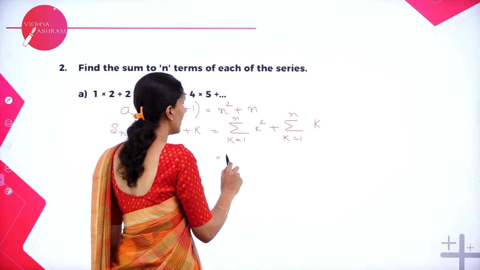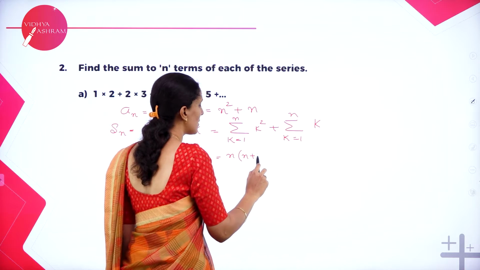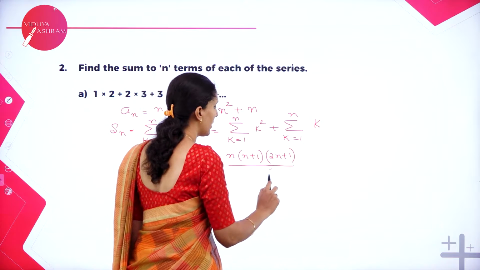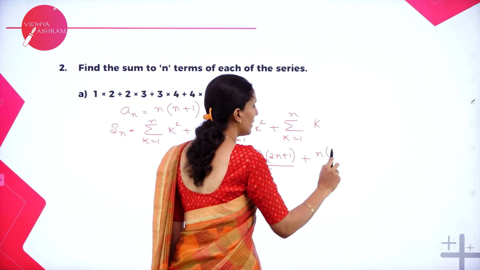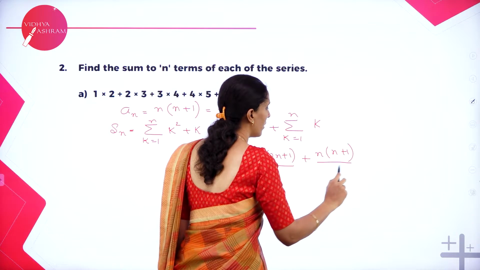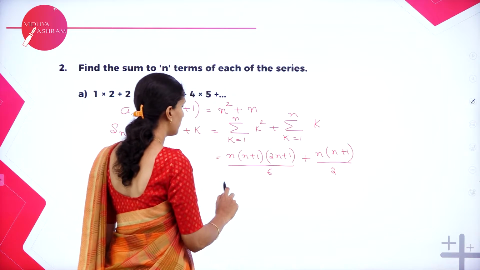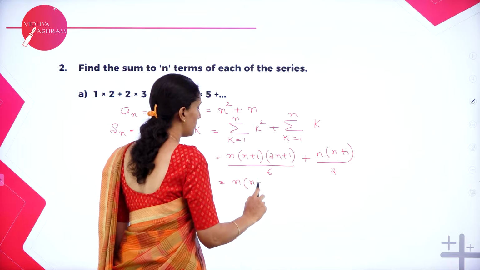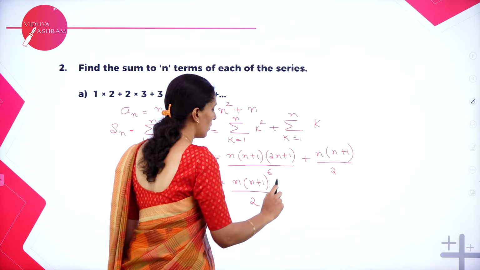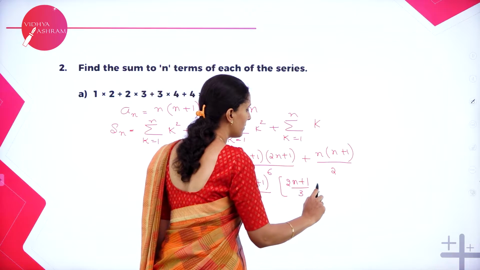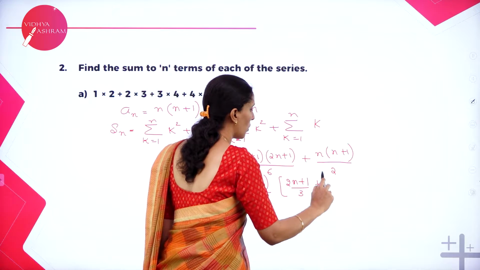So, this is n into n plus 1, 2n plus 1 divided by 6 plus n into n plus 1 divided by 2. Let's take n into n plus 1 by 2 outside. We are left with 2n plus 1 divided by 3 and here we get 1.